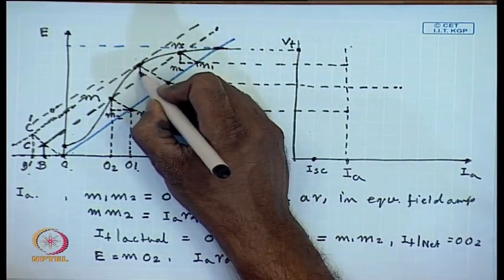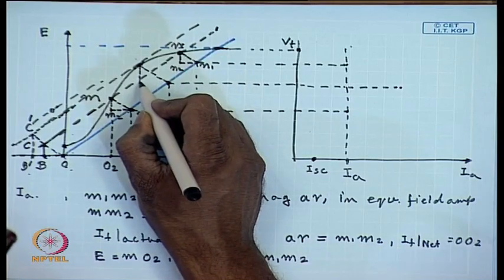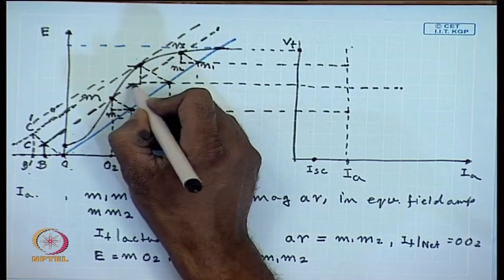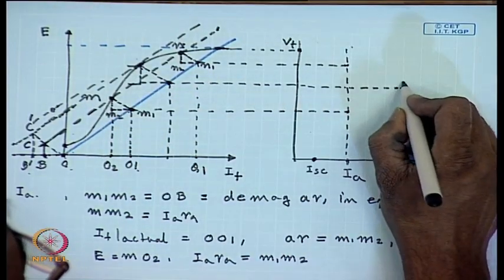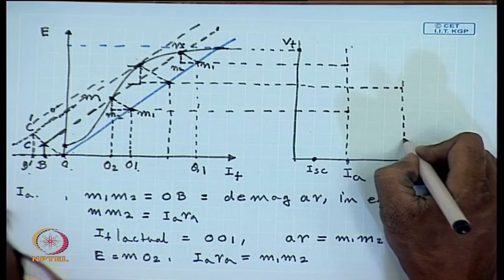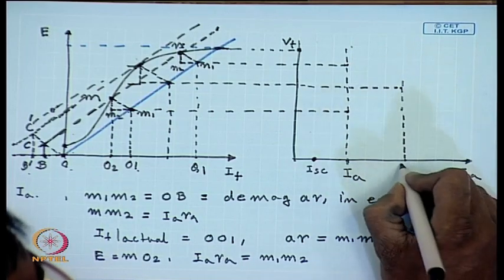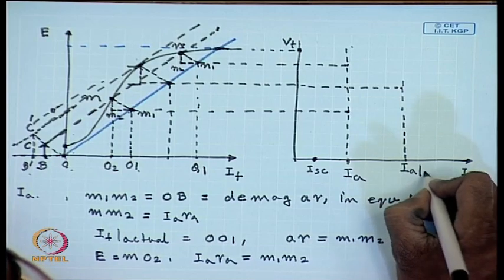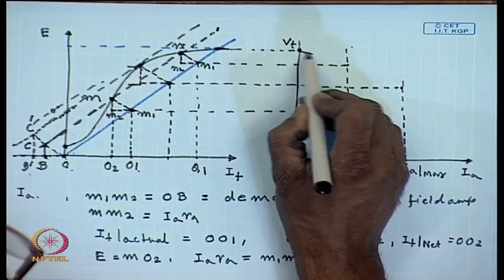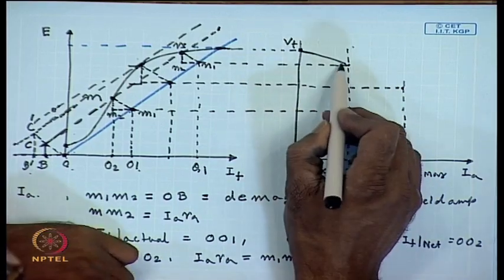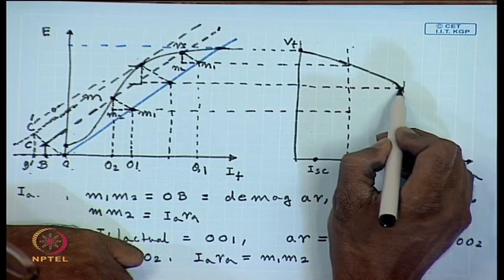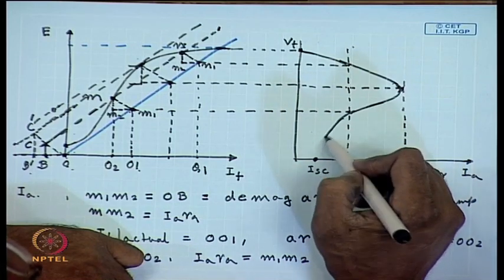If we draw a triangle from here, then IA RA equal to this length, hence the IA can be found from there. This will be IA max, and the characteristic can thus be constructed in this fashion.